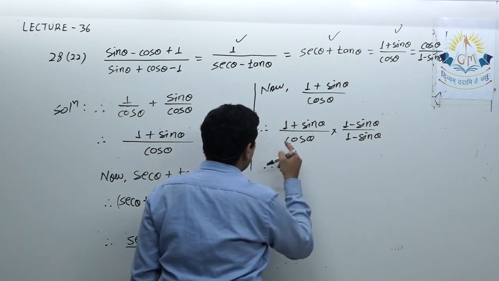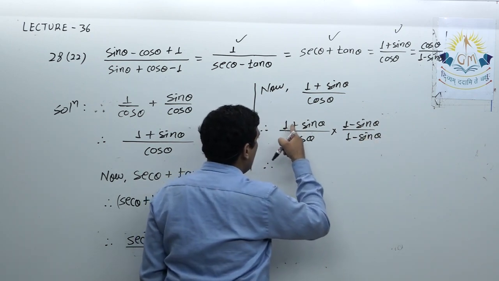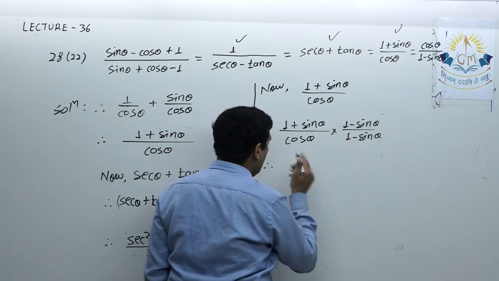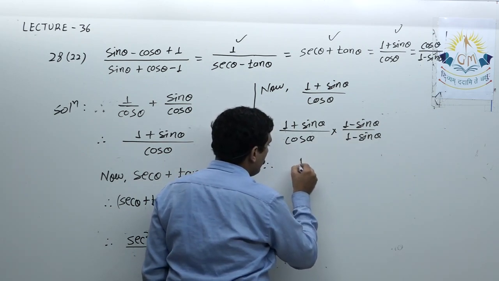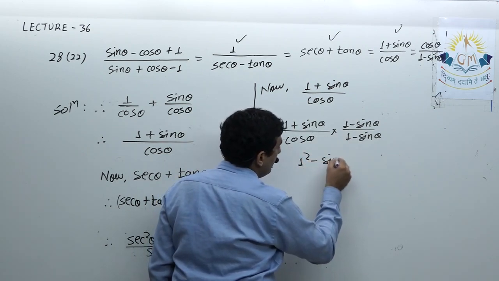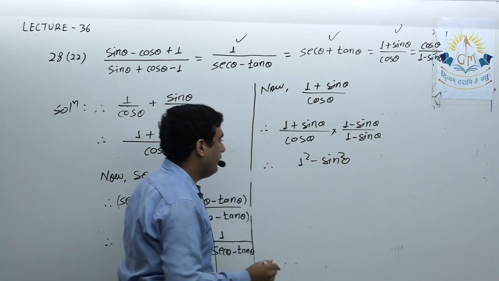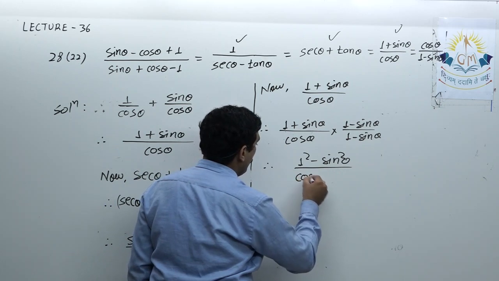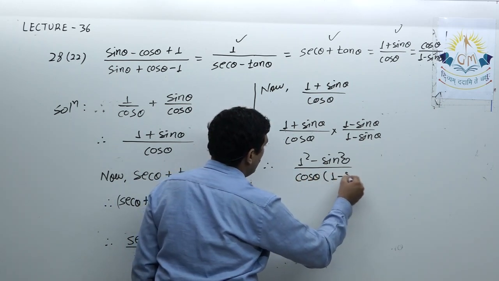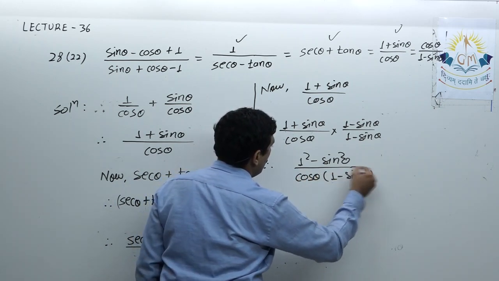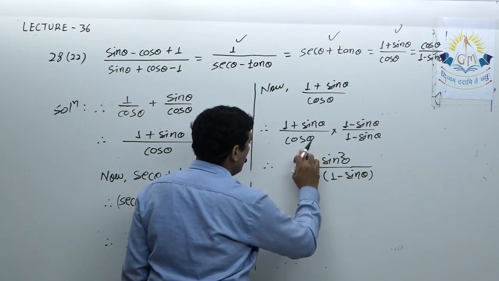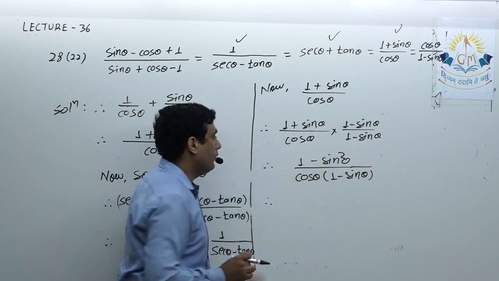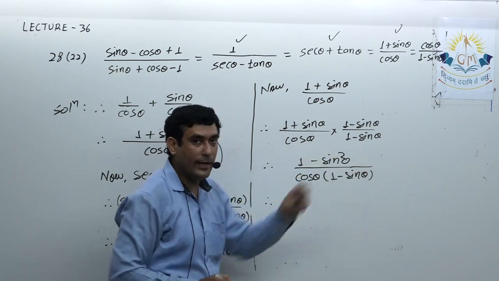So in the numerator I have the identity a plus b, a minus b gives me a square minus b square, 1 square minus sin square theta, and in the denominator I have cos theta into 1 minus sin theta.